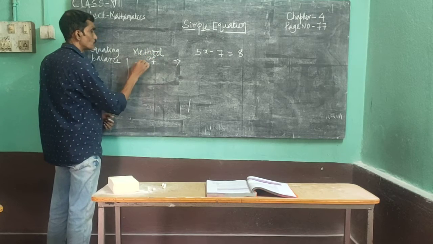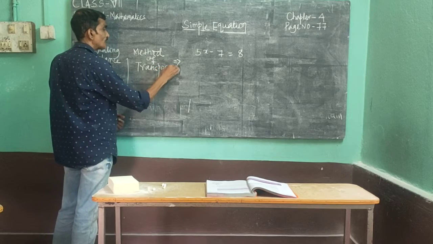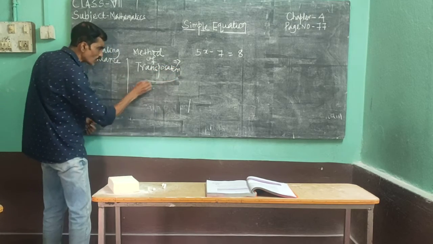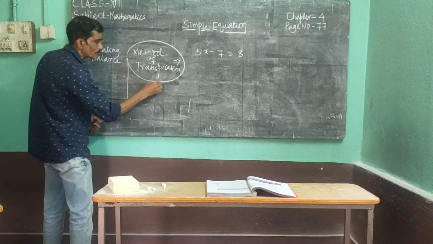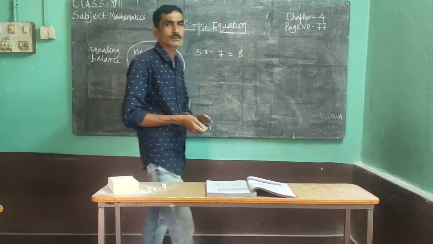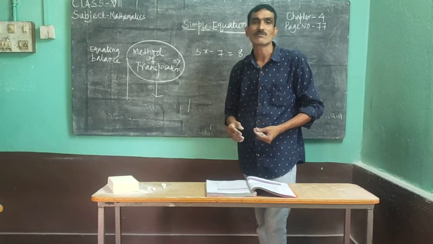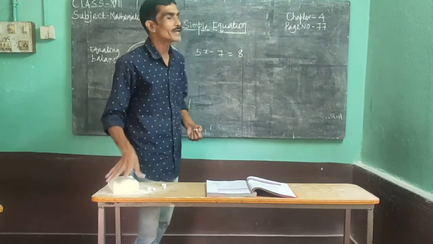This method is very popular and very convenient. You should know both methods of solving a simple equation, but the method of transposition is very convenient. One by one I will explain.